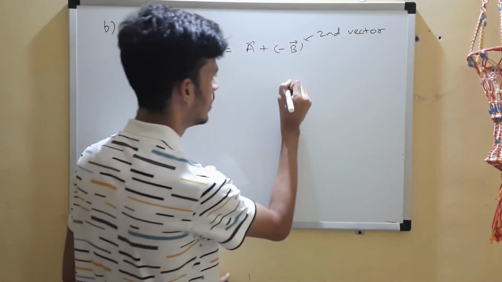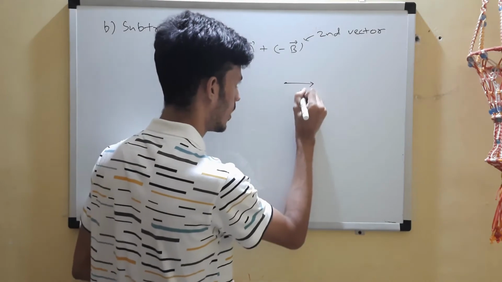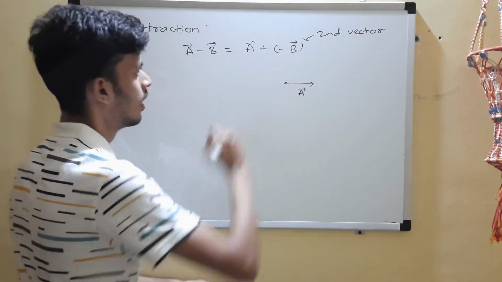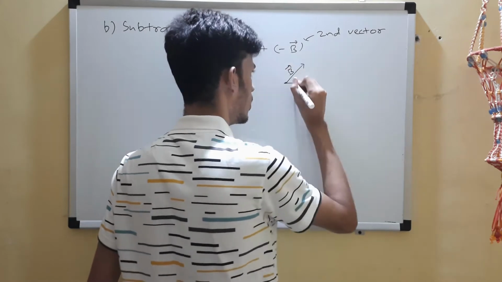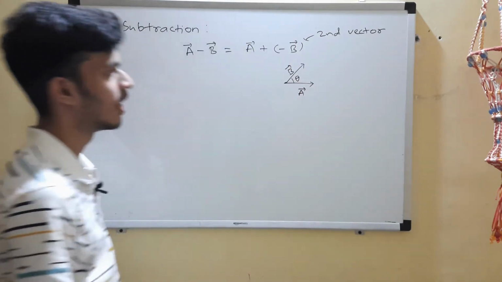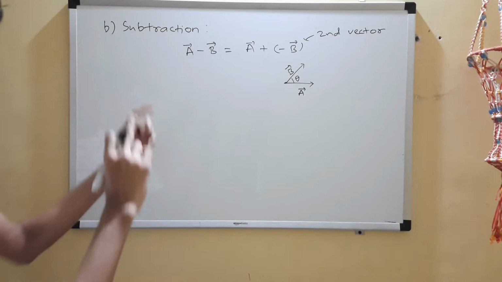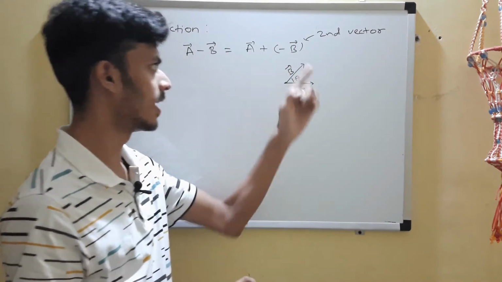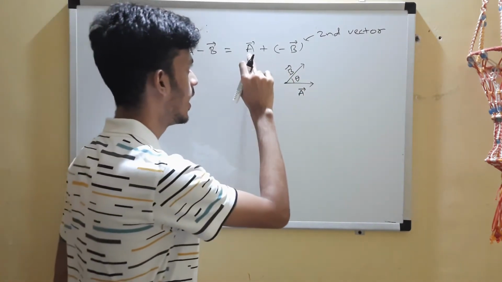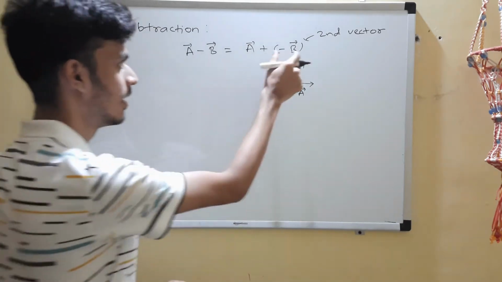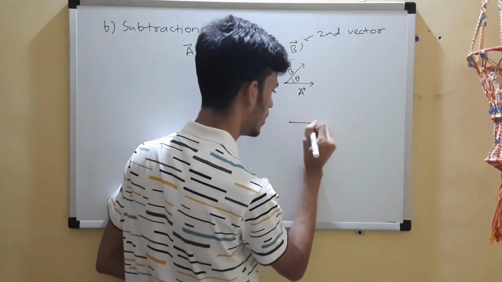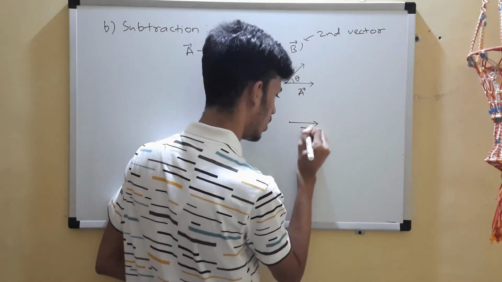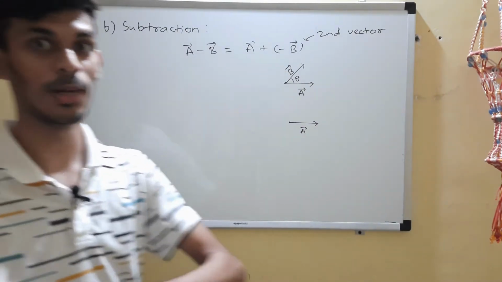Now let's see it graphically. Suppose you have vector A. Now vector B will be somewhat like this. We assume the angle between them to be theta. Now what about vector minus B? We want to add A and minus B, so A remains the same. How to draw minus B?